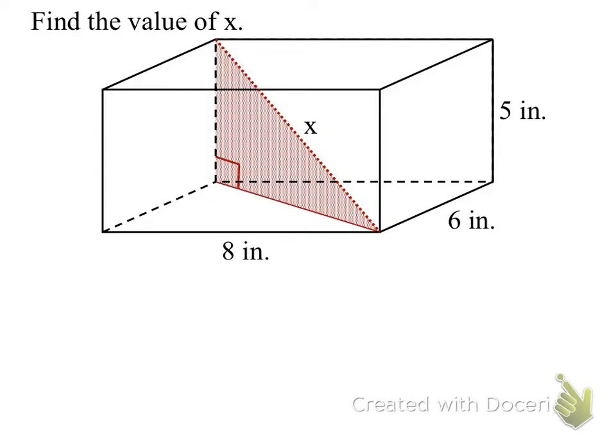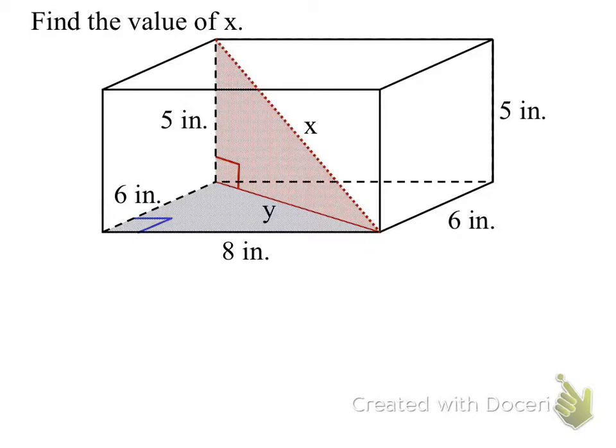I have to find the dimensions of the bottom triangle. Now notice, this one right here is 5 inches because they're opposite. And this one on the other dashed line, we don't know what that is, but that other dashed line has to be, do you see it on the other side of that blue triangle? Has to be what? 6 inches. Okay, so this triangle that's blue, I have 2 out of the 3 dimensions.